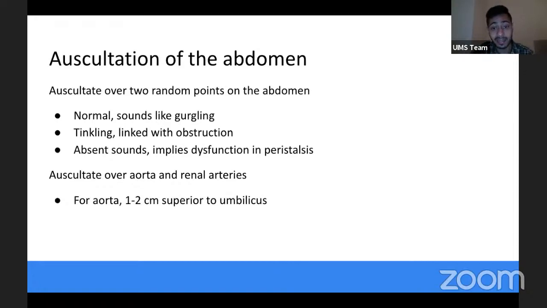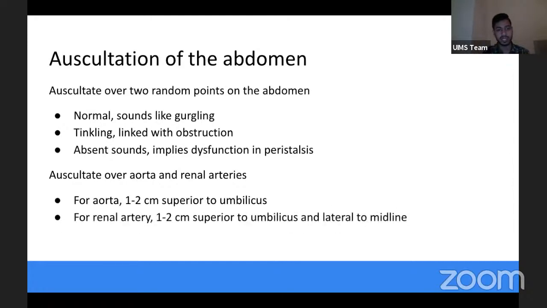A bruit here, which is a harsh, turbulent blood flow, is usually associated with a triple A. For a renal bruit, auscultating the renal artery for any pathologies, we once again auscultate superior to the umbilicus, but more lateral to the midline. A bruit here, which is turbulent blood flow, is usually associated with renal artery stenosis.